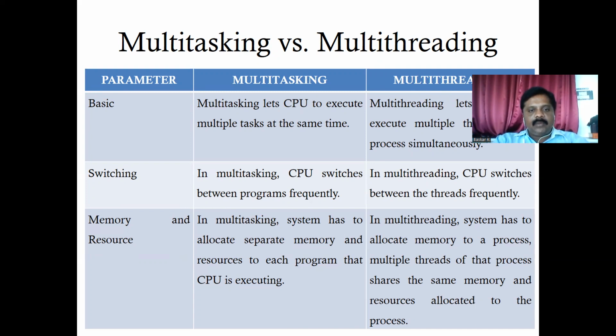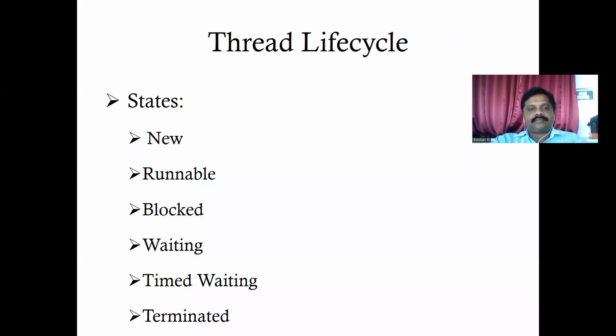In switching, multitasking makes the CPU switch between programs frequently, while in multi-threading the CPU switches between the threads frequently. In memory and resource, a multitasking system has to allocate separate memory and resources to each program that the CPU executes. In multi-threading, the system has to allocate memory to a process, and multiple threads of that process share the same memory and resources allocated to the process.